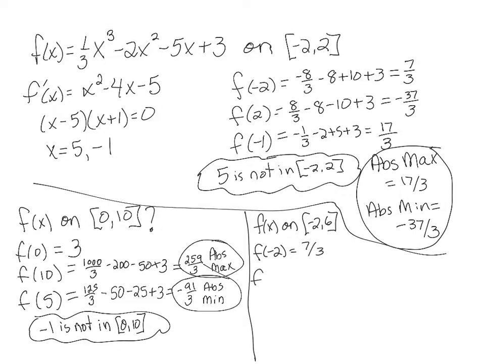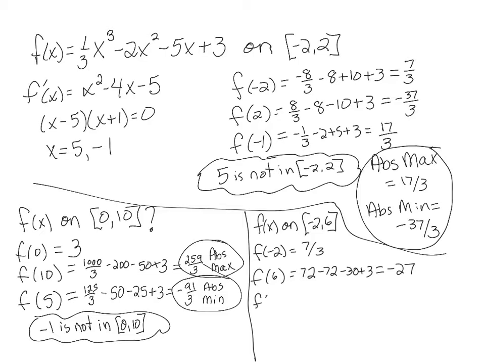We already did the -2 up here. Plugging in the 6, we've got 6 cubed divided by 3, minus 2 times 6 squared, minus 30 plus 3, and we get negative 27.